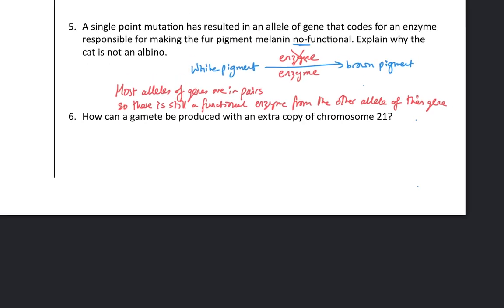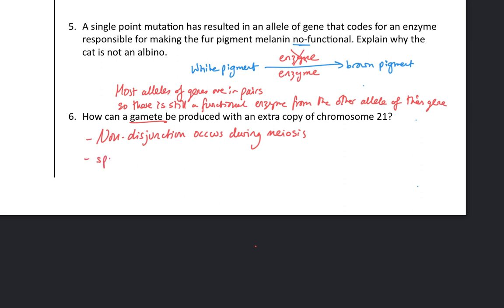And then lastly, because I'm getting on for time, sorry, how can a gamete be produced with an extra copy of chromosome 21? Well, this is our non-disjunction. Non-disjunction occurs during meiosis. It said gamete in the question, so I'm bringing in meiosis.